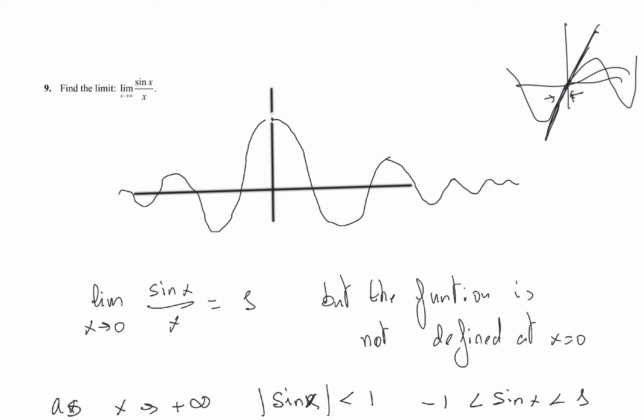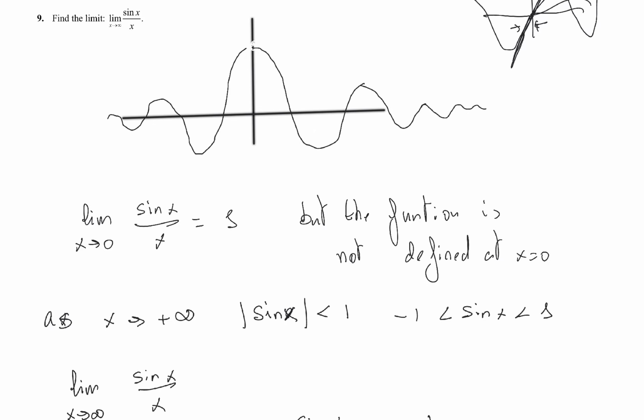So the way to do this problem is to realize that sine of x is bounded between minus 1 and 1. Sine of x cannot be bigger than 1 and cannot be smaller than minus 1.